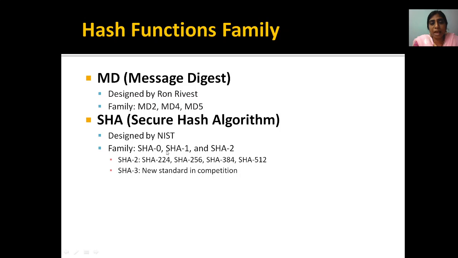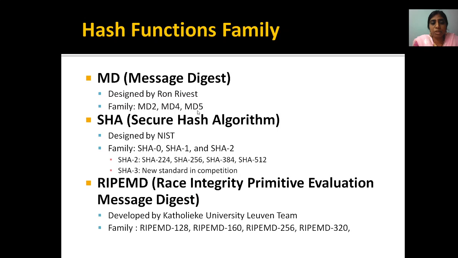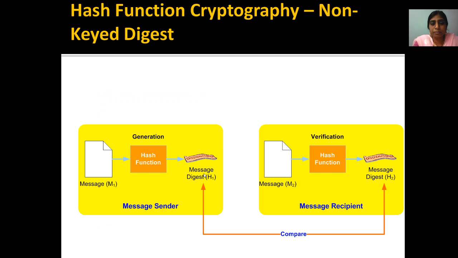In SHA we have SHA-1, SHA-2 with 256, 512 and 384 bit, and in the message digest family MD2, MD4 and MD5 are used. RIPEMD was developed by the University of Leuven team, and you have 128 bit, 160 bit, 256 bit and 320 bit.